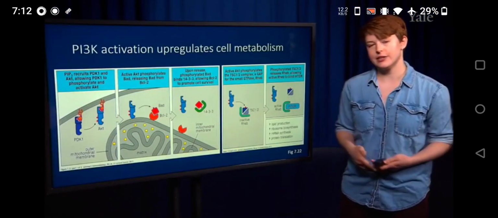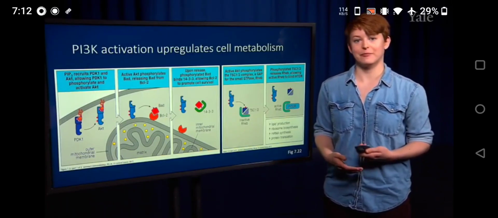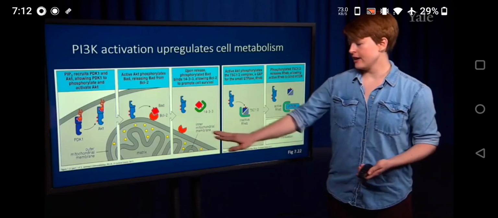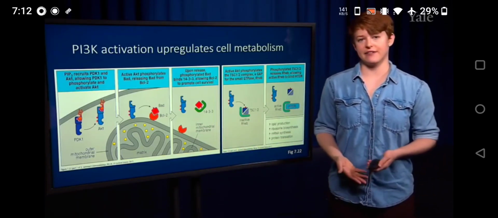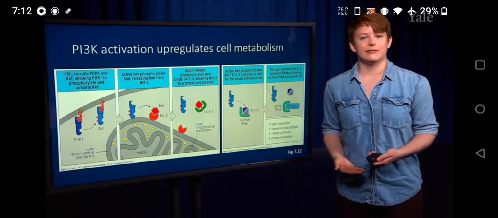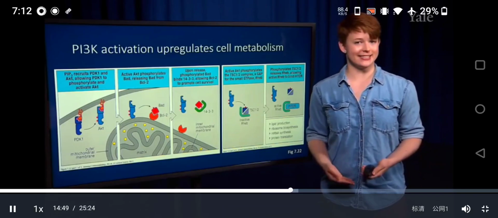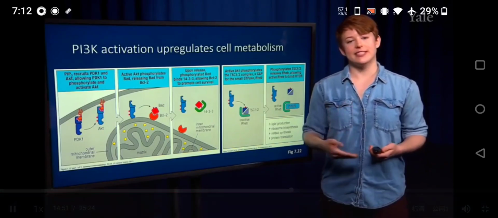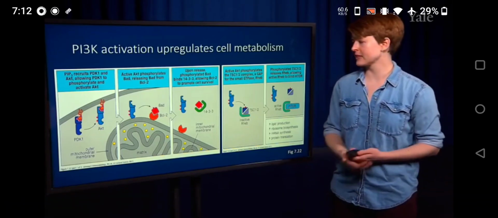So when these two are dissociated through differential phosphate binding and activation, this allows the cell to persist and survive. This is really important for T cell activation because you want those activated T cells to be receiving signals telling them to stay alive and act.